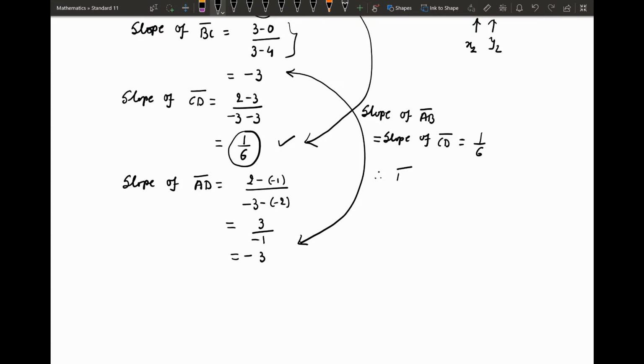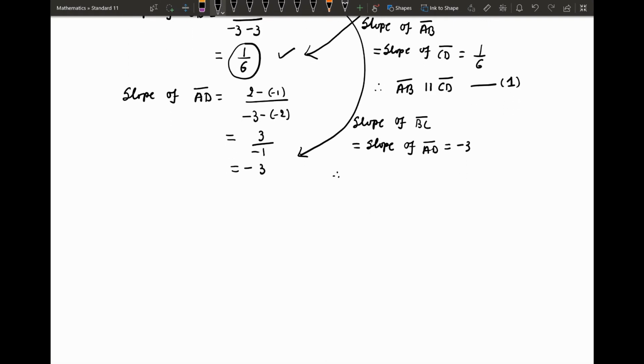Therefore line segment AB is parallel to line segment CD, say result number 1. Similarly, slope of line segment BC equal to slope of line segment AD equal to -3, and therefore line segment BC is parallel to line segment AD.